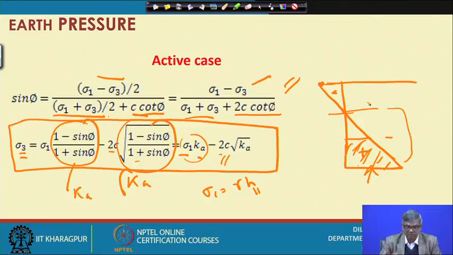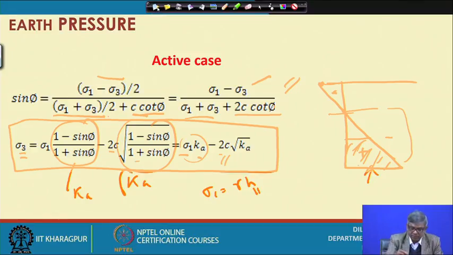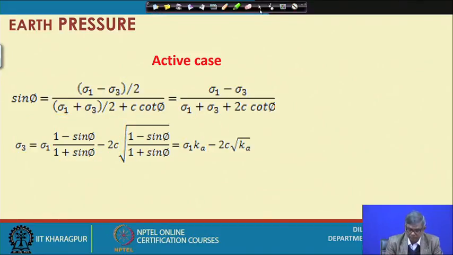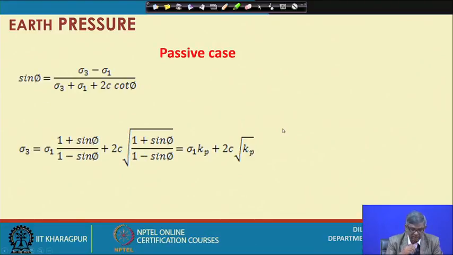So, this is one part I will just show. Next I will go to the passive case. You can see the passive case. Passive case again will be the same, sin phi, and we will change.